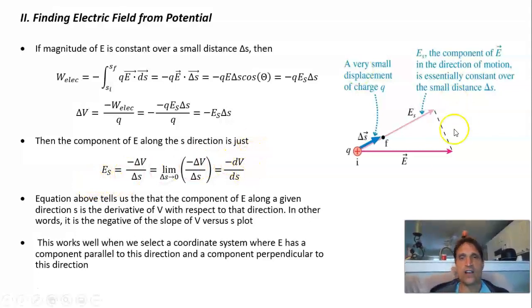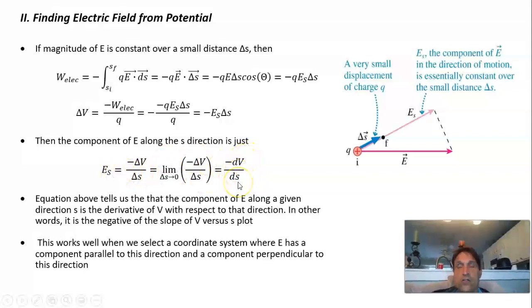And so what that's saying is that if we know the mathematical equation for the voltage, or we have a plot of voltage versus S, where S could be the X direction, the Y, the Z, then that component of the electric field is just the derivative of V with respect to that direction.